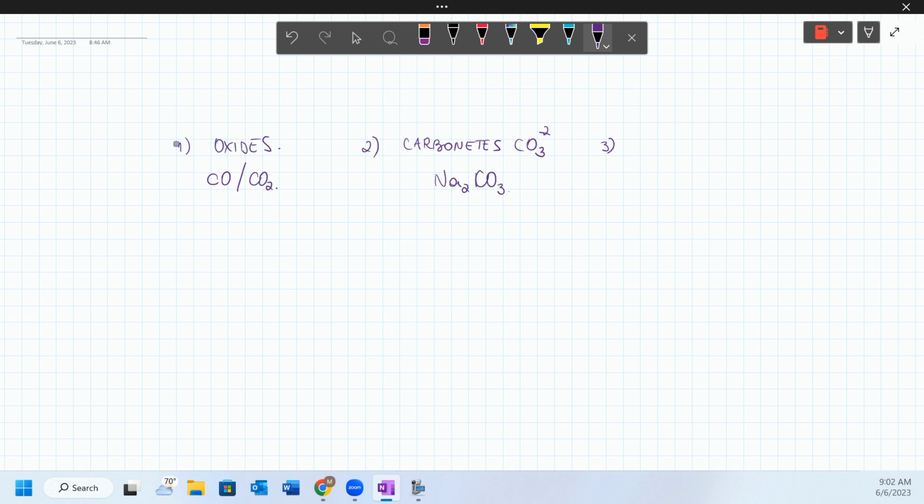Cyanide again is a polyatomic ion. Anything that has CN is not considered to be an organic compound. And the fourth exception is carbides, when carbon is bonded with another element, let's say silicon carbide. All those cases are not organic.